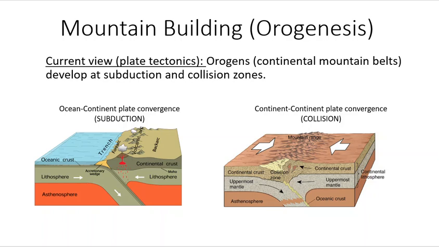That is, neither plate subducts appreciably beneath the other. Instead, both plates just sort of crunch together to create a lot of lithospheric shortening and a lot of lithospheric thickening to create continental mountain ranges. Okay, so that's the take-home message here. Continental mountain building is a result of both collision and subduction.